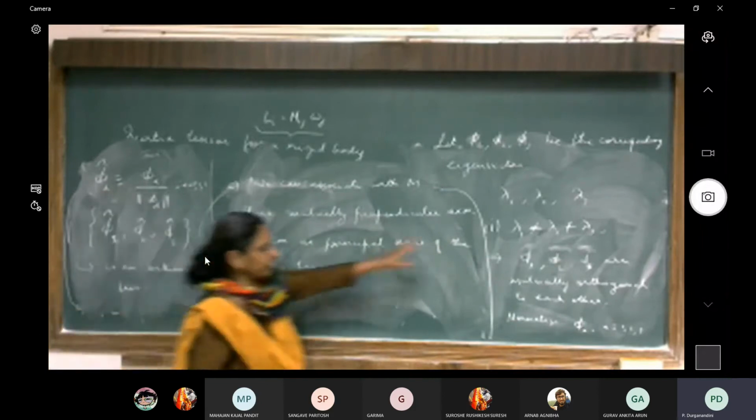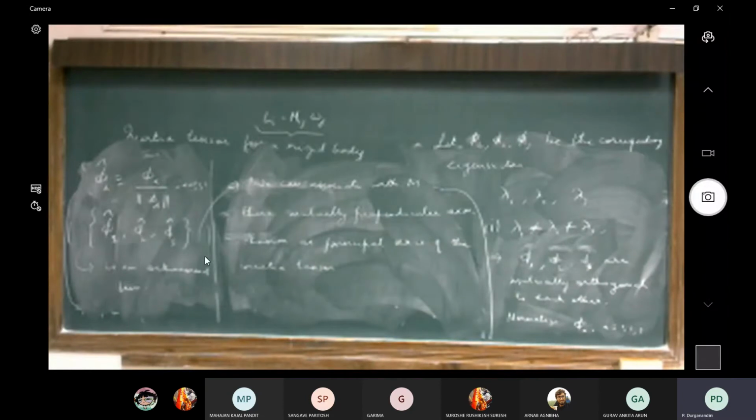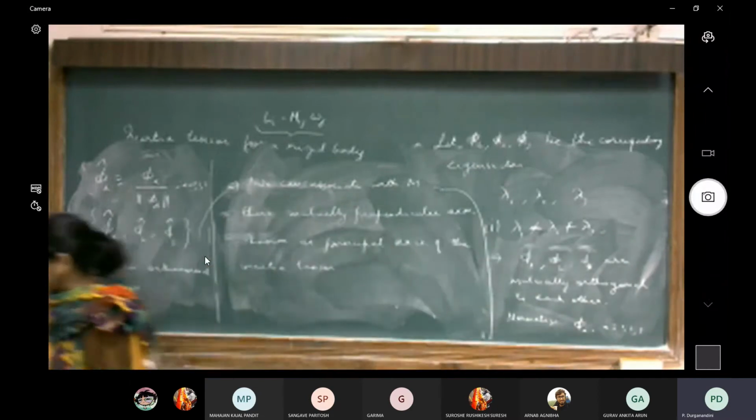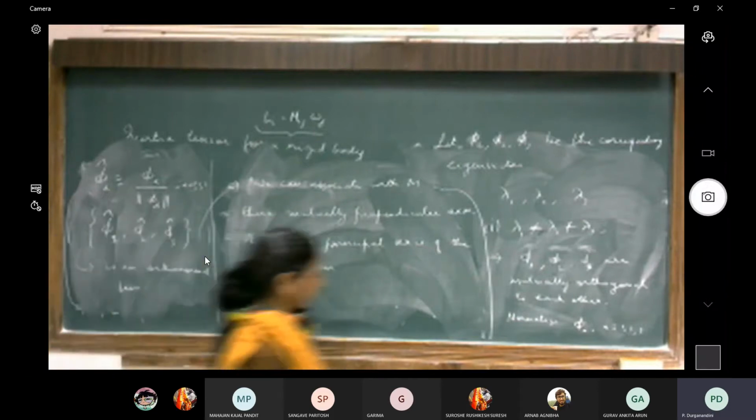I have shown you this for the case when lambda 1, lambda 2, and lambda 3 are all distinct, but we will see we can generalize this even when two of them are the same, or even when all three are the same. I'll come back to that in just a minute.